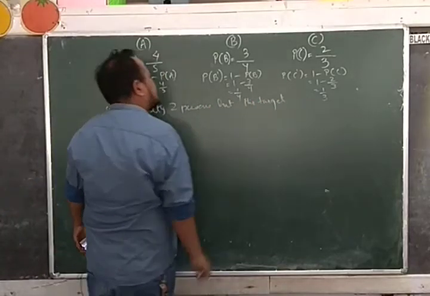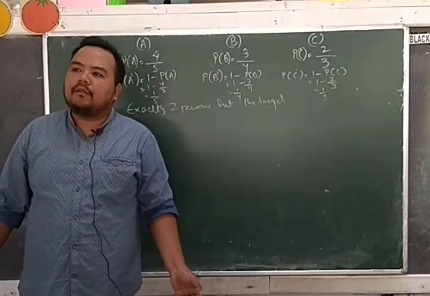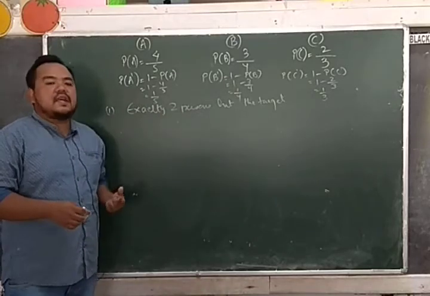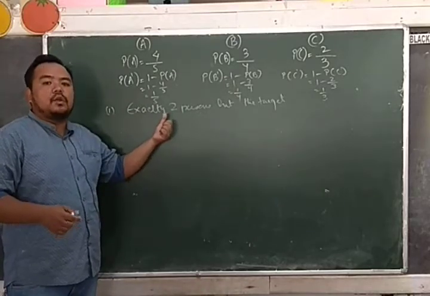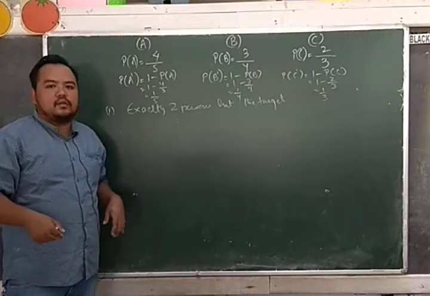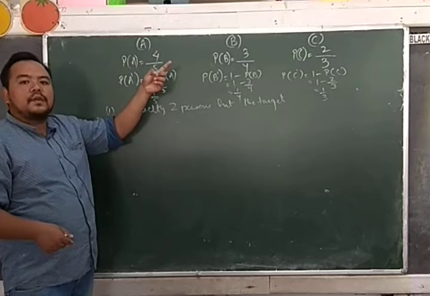That's what I am supposed to find. How many people are there? There are 3 persons. They are hitting it together. Exactly 2 persons hit the target means one of them has to miss. But is it given which one? No. So it could be A, or B, or C.